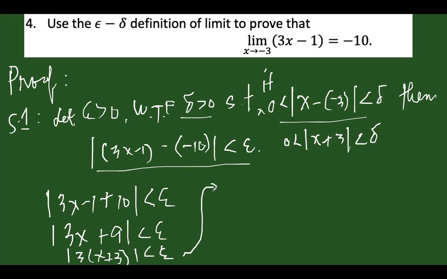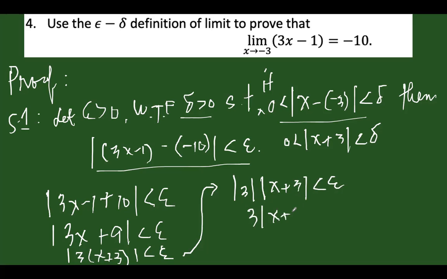And since we're just looking for the x plus 3, we can factor out 3 in the absolute value. So that's the absolute value of 3 times the absolute value of x plus 3 is less than epsilon, by the property of absolute value. The absolute value of 3 is 3.